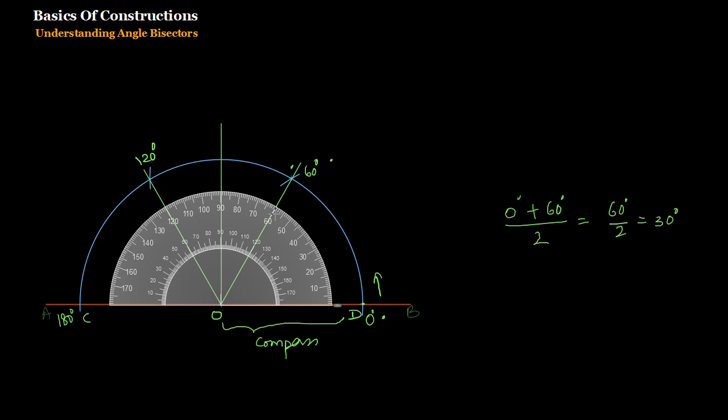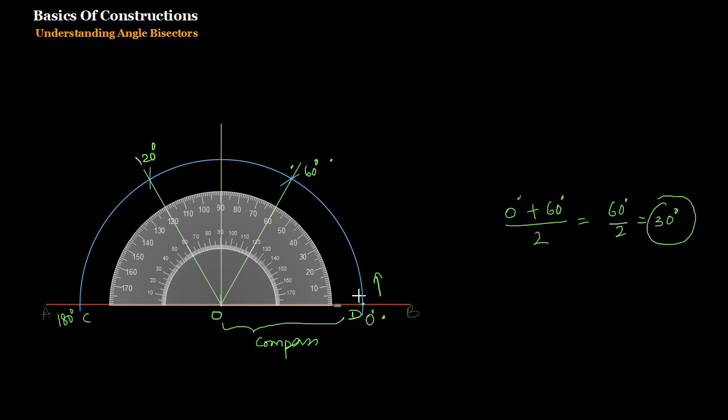How do I bisect 60 and 0? We'll do the constructions of angle bisectors in the next video, but understand exactly how we get these numbers.